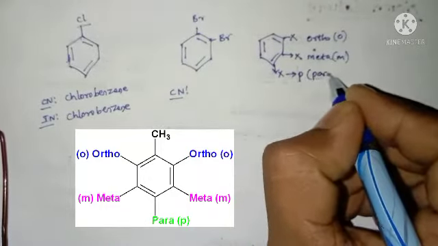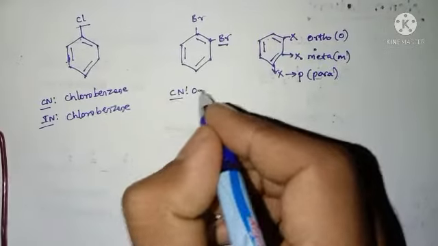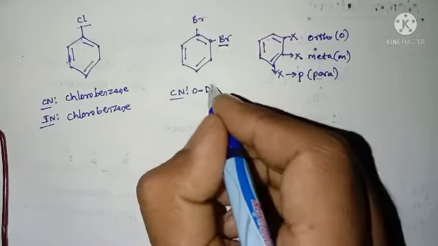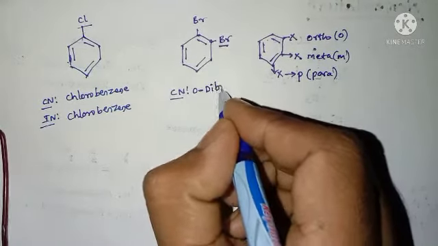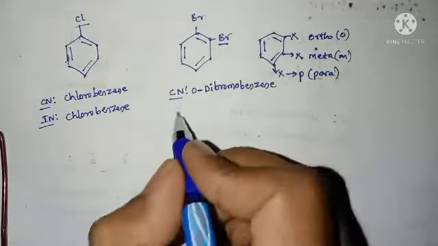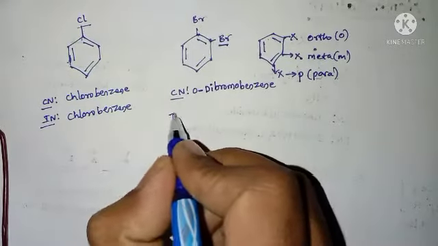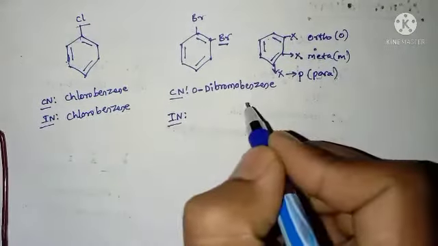Here the atom is attached to the ortho position in the common name. So the common name of this compound is ortho dibromobenzene. In the IUPAC naming system we have to use numbering.